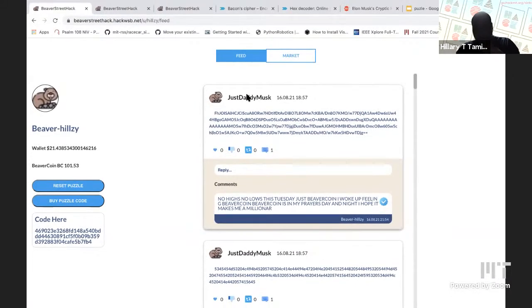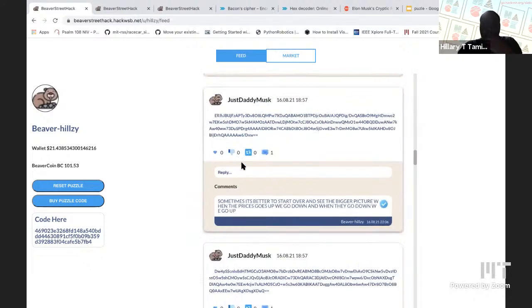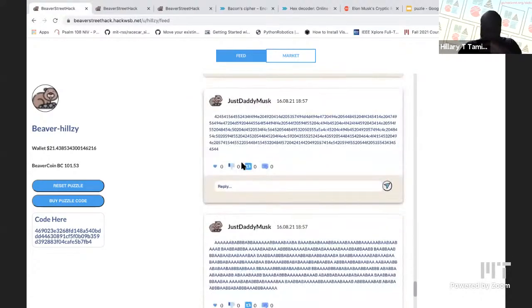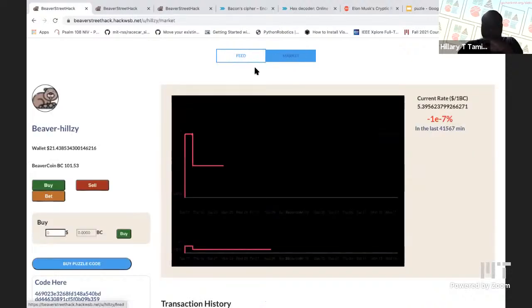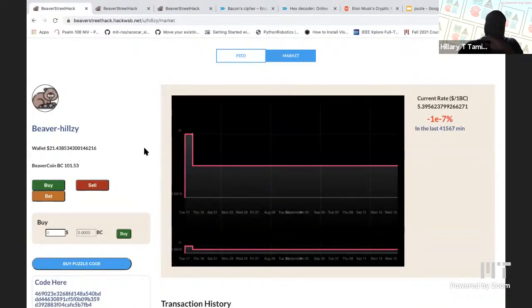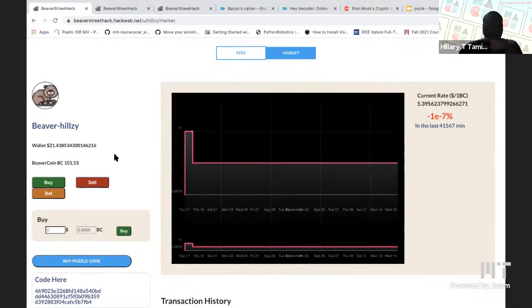And the idea was that we have two things essentially: a tweet feed, and some sort of header account which is called Just Dating Masks, and we have about 24 tweets in total, and all these are encrypted with 3 encryption types, basically. On the other hand, we have some sort of market that is running as well, which represents the market of this fake currency that we call Beaver coin.